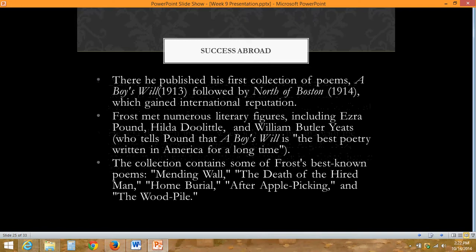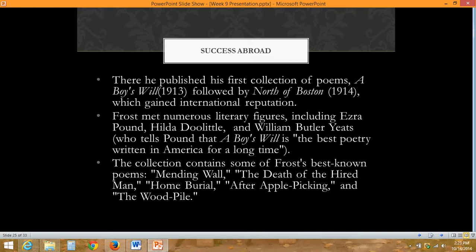He published his first collections of poems, A Boy's Will, and then North of Boston, and he really gained an international fame and reputation. Also, while in England, he met a lot of great literary figures of the time. Ezra Pound, Hilda Doolittle, both are very avid feminist writers of that time period.